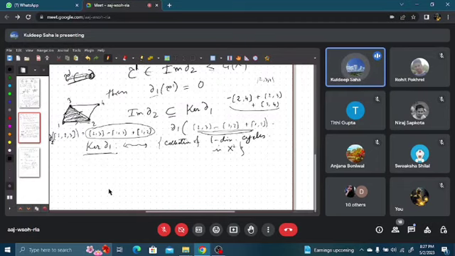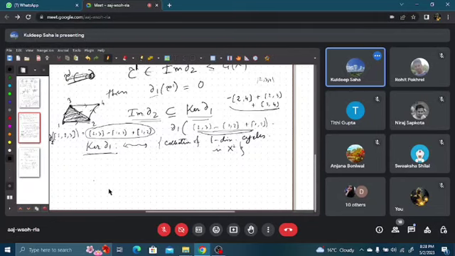That is what we do when looking at the image of delta 2 inside the kernel of delta 1. Now look at the other example: minus 2 4, 2 3 and 3 4. This one, on the other hand, is an essential one-cycle because it does not bound a two-dimensional simplex.